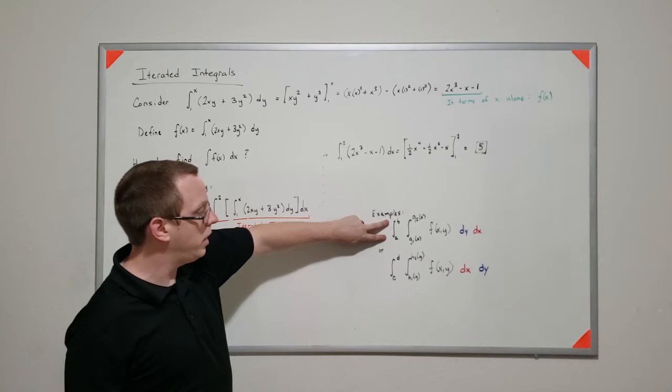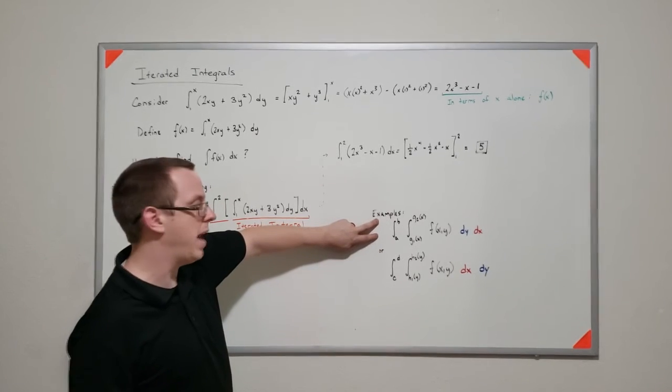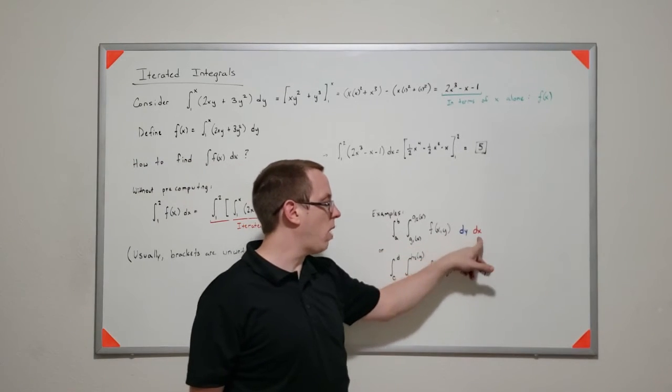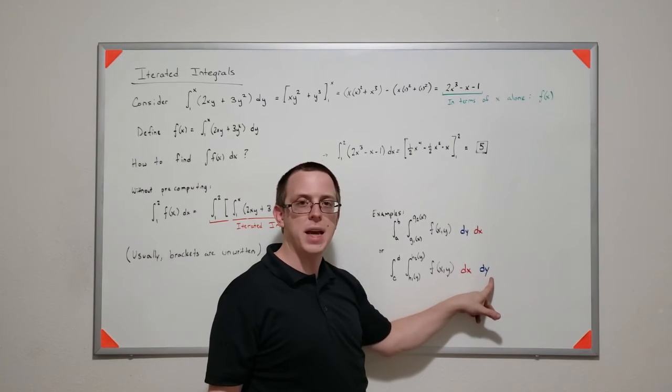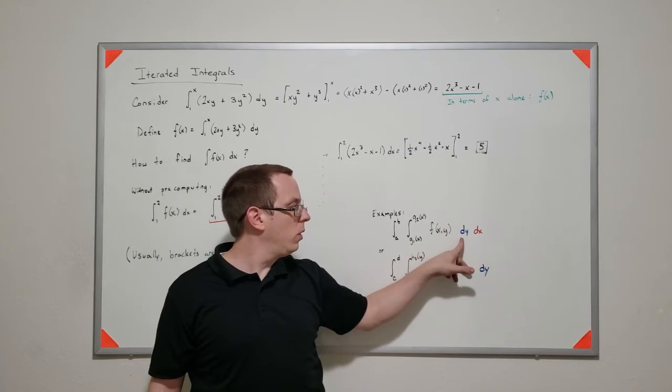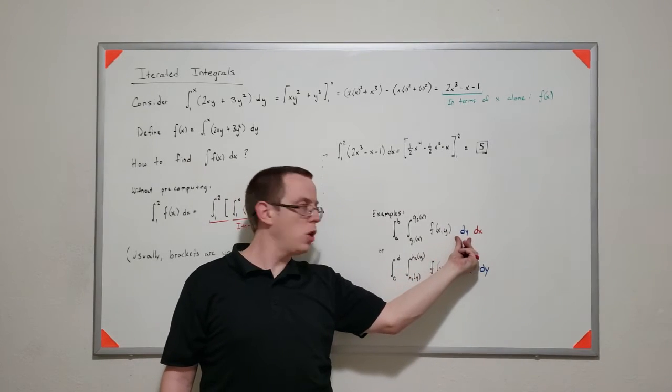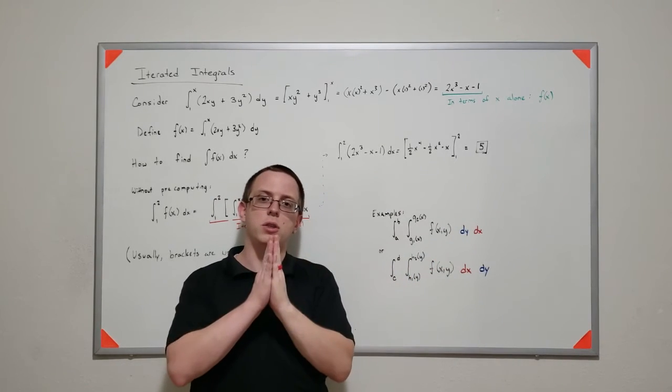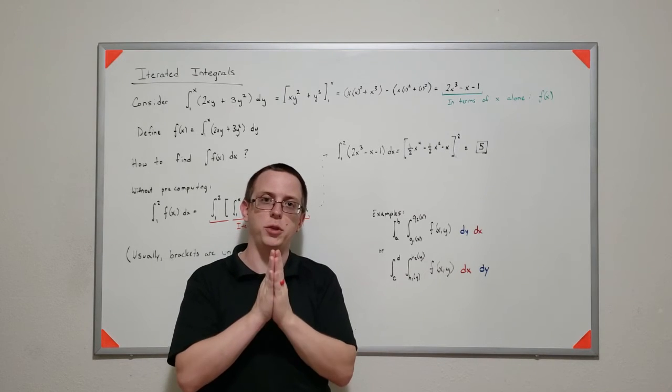You could write iterated integrals in 2 different fashions. You could write them as dy dx, or you could write them as dx dy. Whichever differential term comes first is the one that you integrate with respect to first.